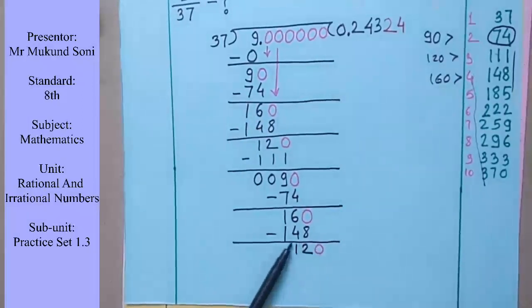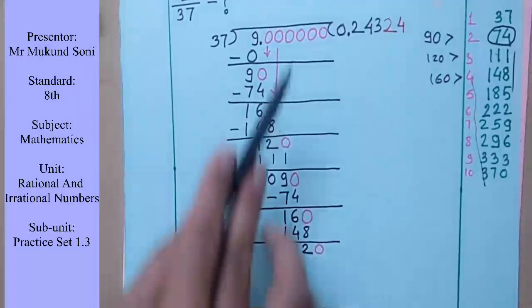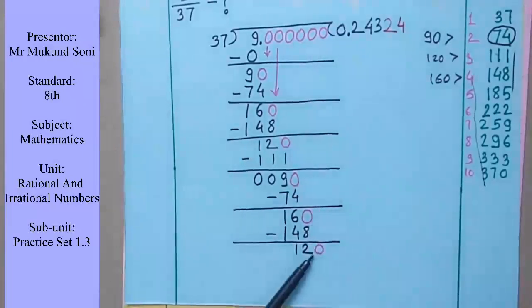Because our remainder after each subtraction is not coming 0, and when it comes 0 by itself after doing the subtraction, we won't need these zeros again. Till then, keep bringing new zeros from up there to down here after every remainder.